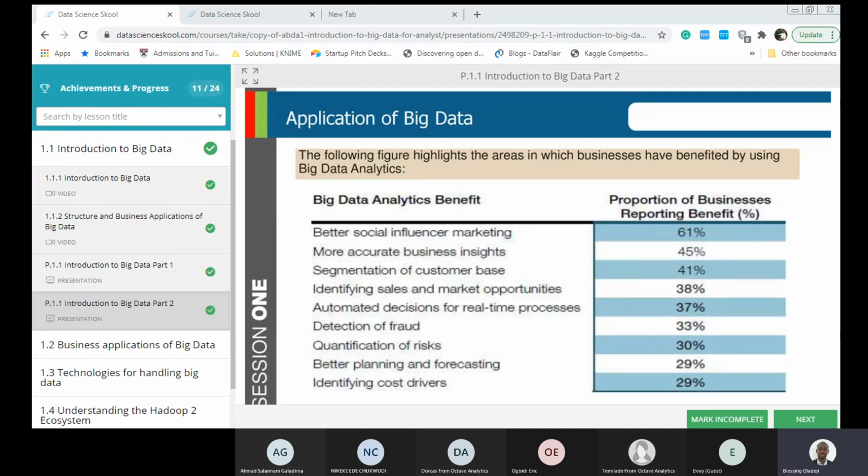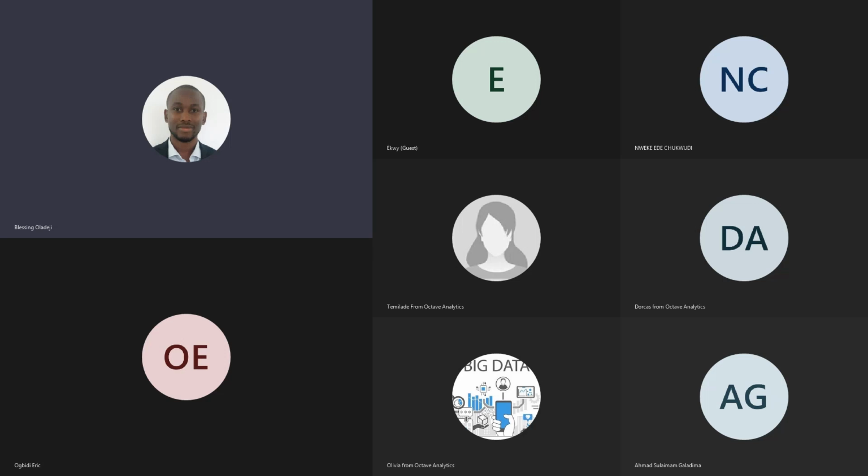So I'm sharing my screen and it's coming up. If you can see my screen, please let me know. If you cannot see the screen, let me also know. Where is it? It's coming up.